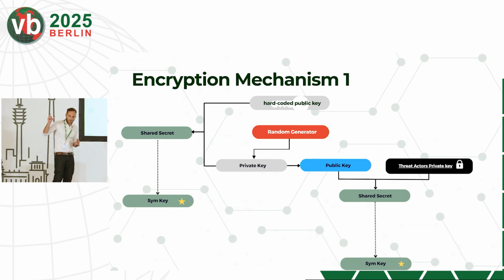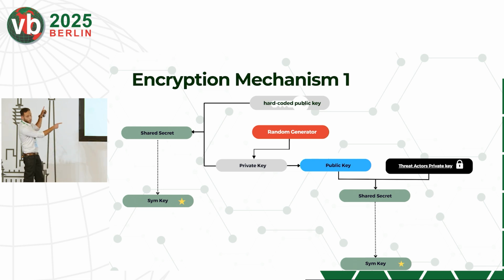And using the threat actor's public key and the private key, the ransomware can generate a shared secret, and this will be the same shared secret that the ransomware operator, the threat actor, can then generate if he has that public key with his private key.